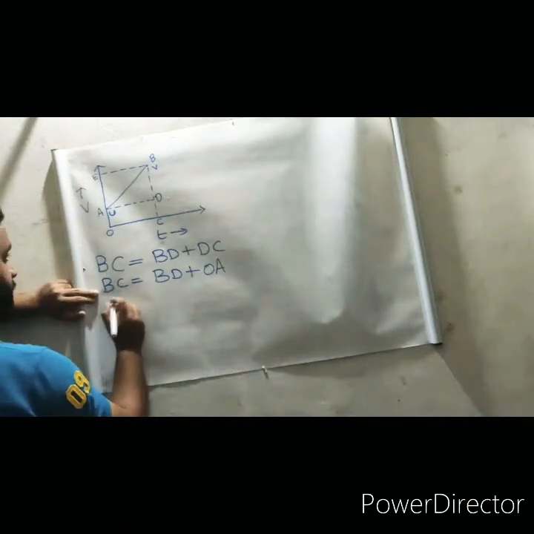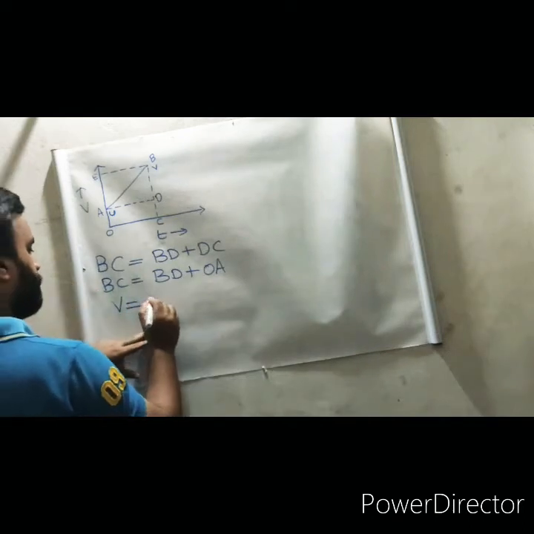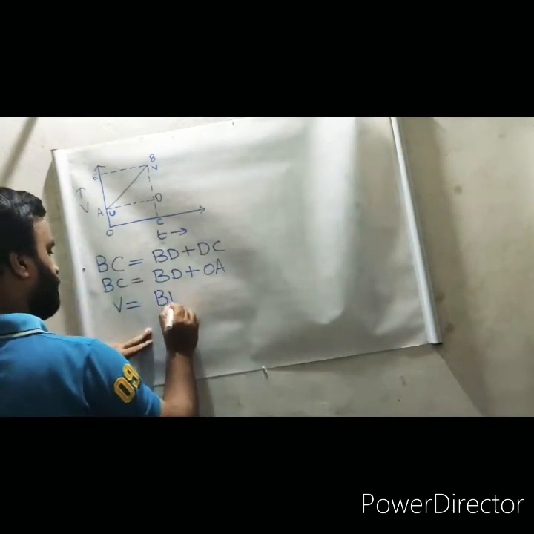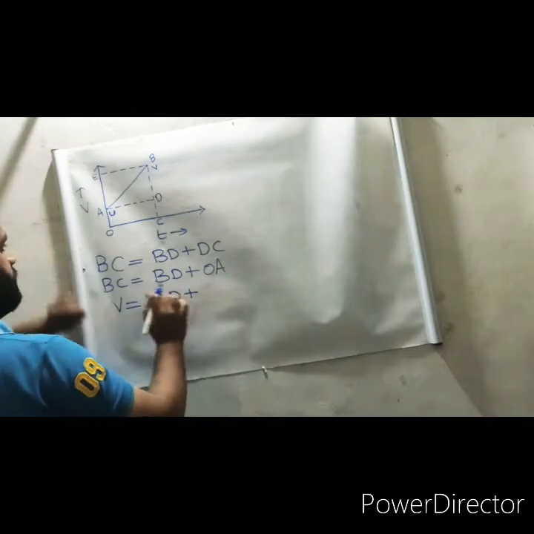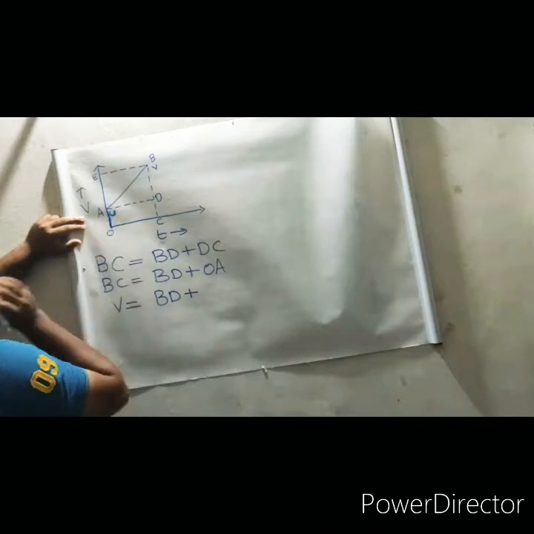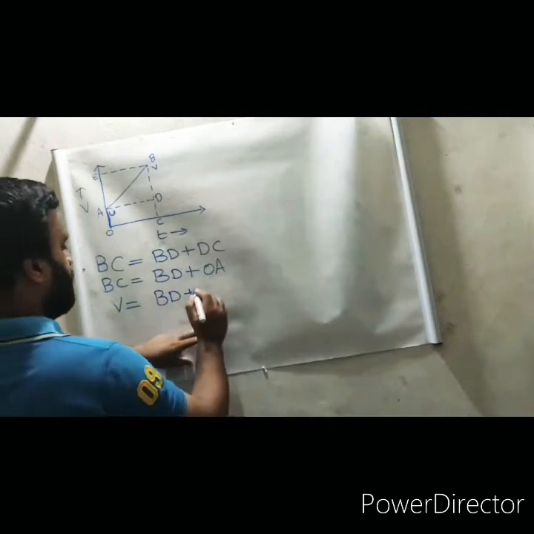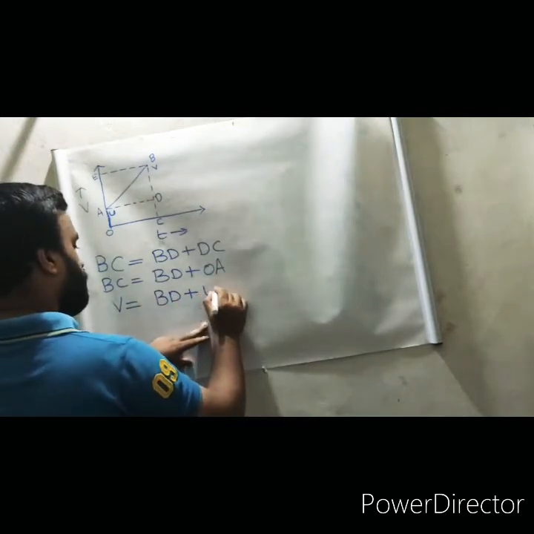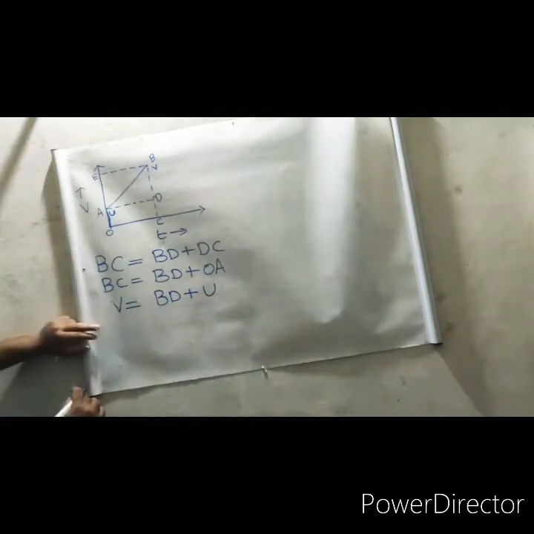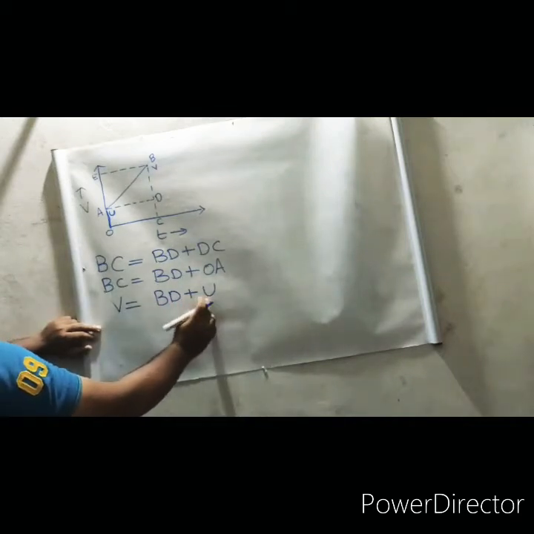Instead of BC we can write final velocity v is equal to BD plus OA. OA is the initial velocity u. So v is equal to BD plus u.